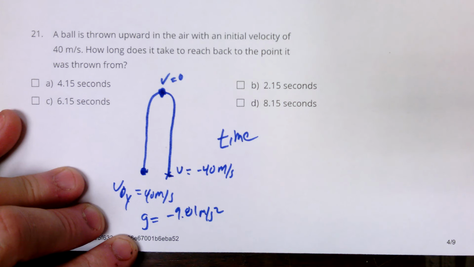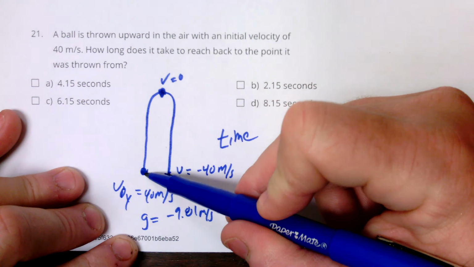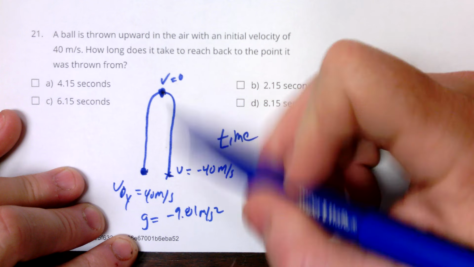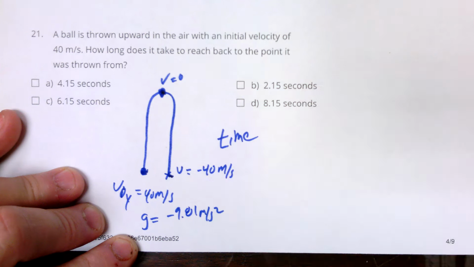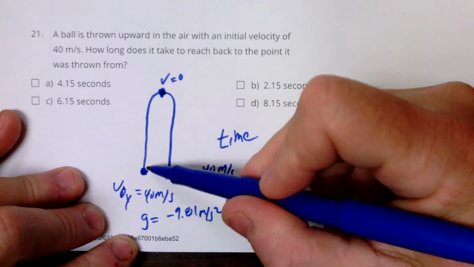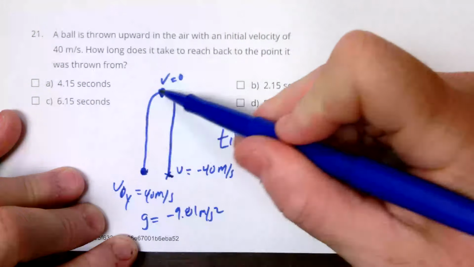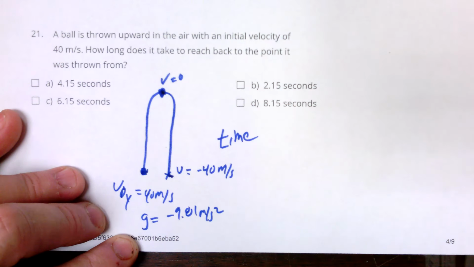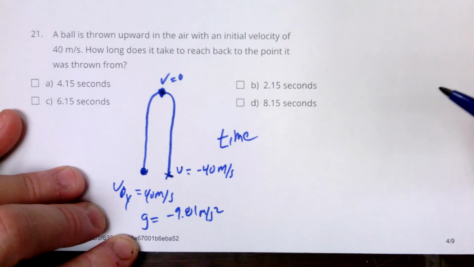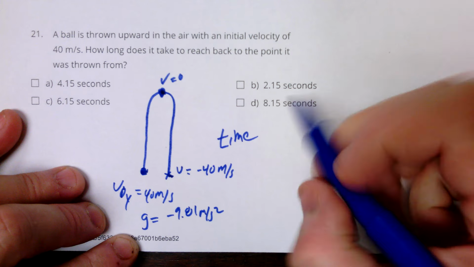But let me show you how you can think about this. If we calculate the time to here, well, I know the time coming back down is just double that, because it's gravity, it's going to be the same going up as coming down. So, what can I do there? If I think I can just do a straight acceleration problem.